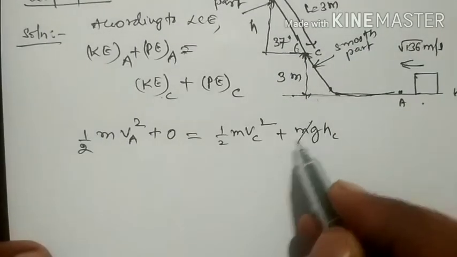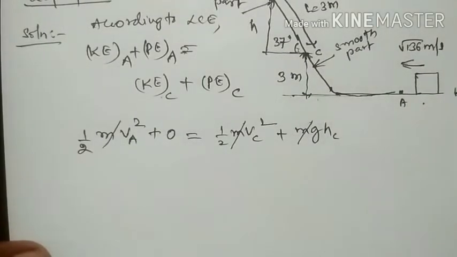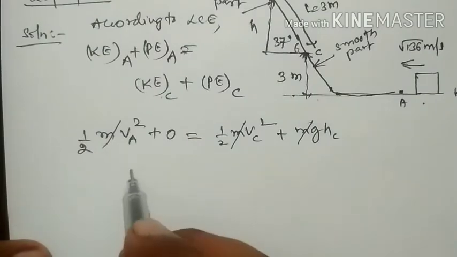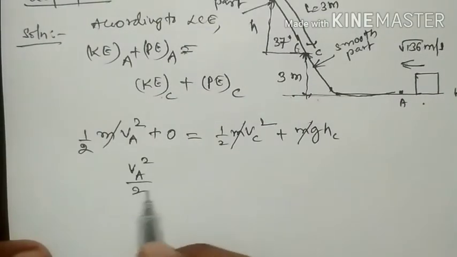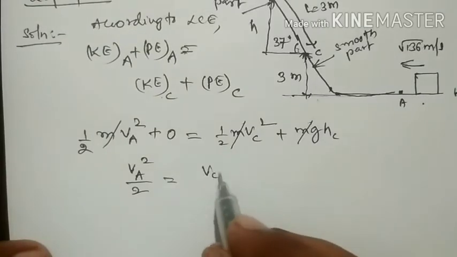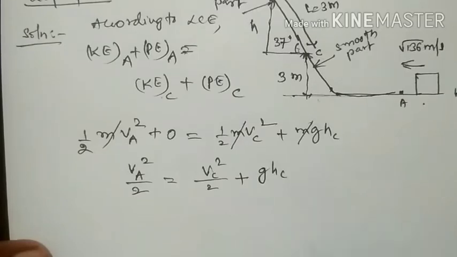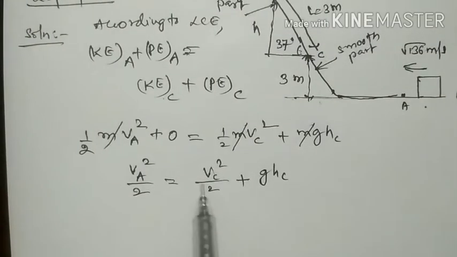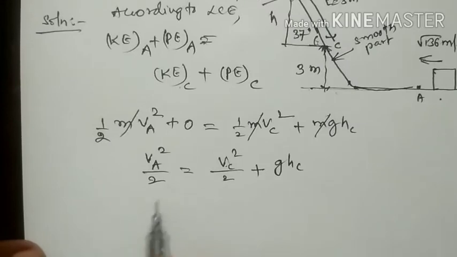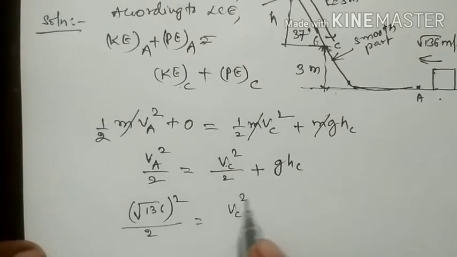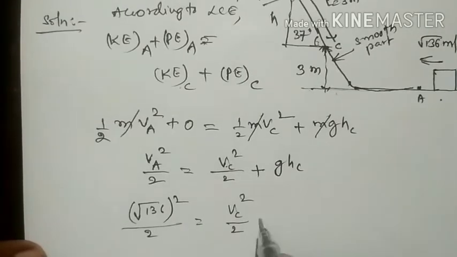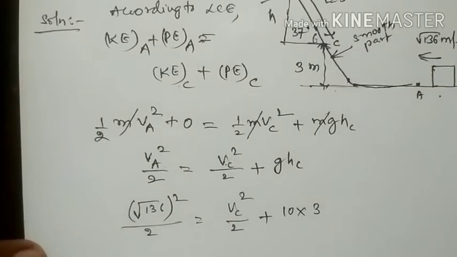So in all these equations, on the left side and right side m is common, so you cancel it. So I can write VA square by 2 is equal to VC square by 2 plus g into height of the point C. Our aim is to calculate velocity at C. So velocity at A is root 136 whole square by 2 is equal to velocity at C square by 2 plus g, which is 10, into height of the point C, which is 3 meters.